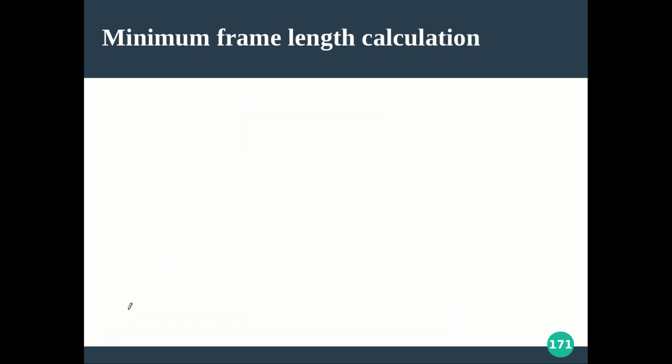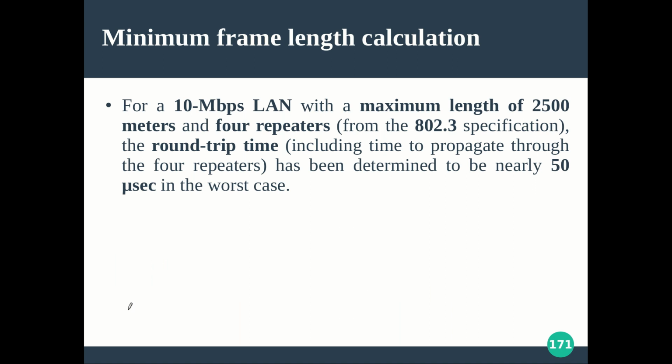So now how did people come up with that 64 bytes? A kind of derivation is here. In a typical classic Ethernet, which is of 10 megabits per second, and when it comes to switched Ethernet and all, we don't have such a collision problem, so it could have a different value. So the derivation is for a typical classical Ethernet of 10 megabits per second speed.